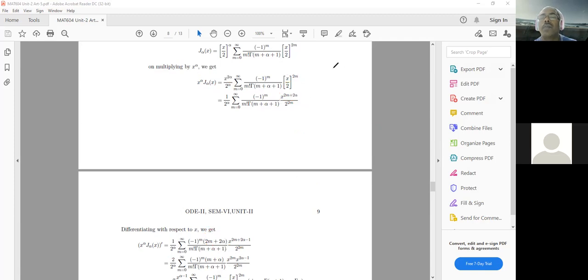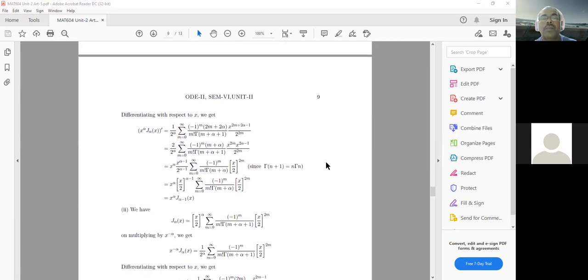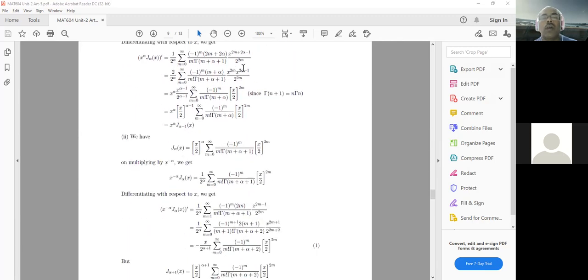Then we simplify further, and you will get this. We take x to the power 2 alpha minus 1 outside the summation, because it is constant with respect to m, so we can write it outside the summation notation. x to the power 2 alpha minus 1 can be written as x to the power alpha plus alpha minus 1.